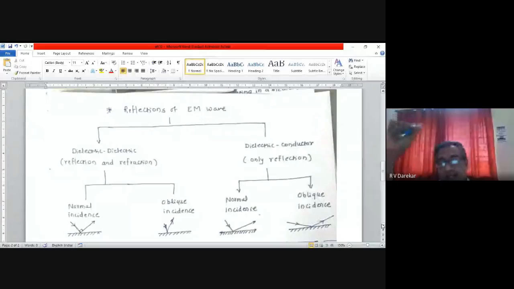It may transmit through the surface, that is, go inside the surface, or it may get refracted and come out of the surface from the other side.